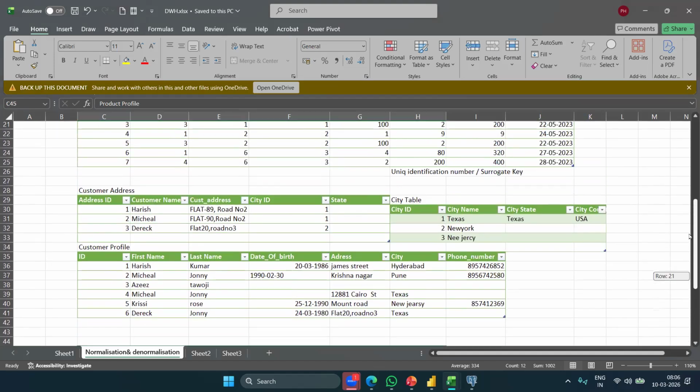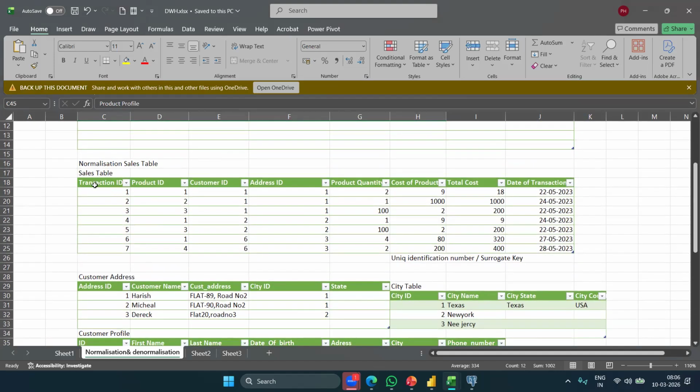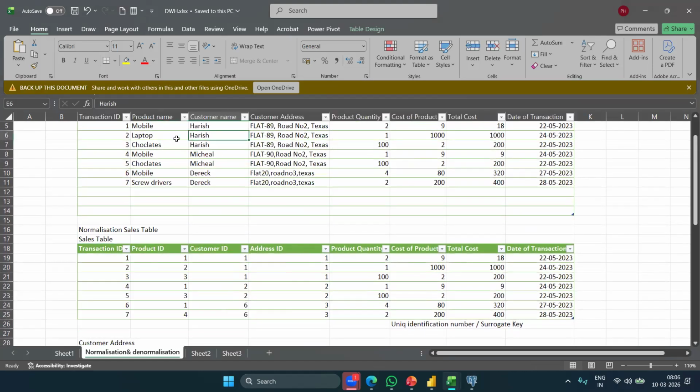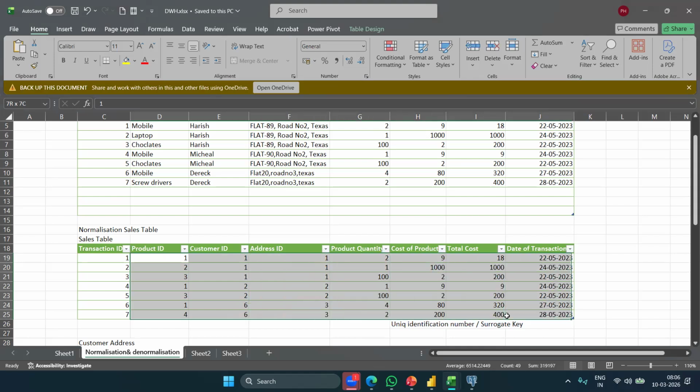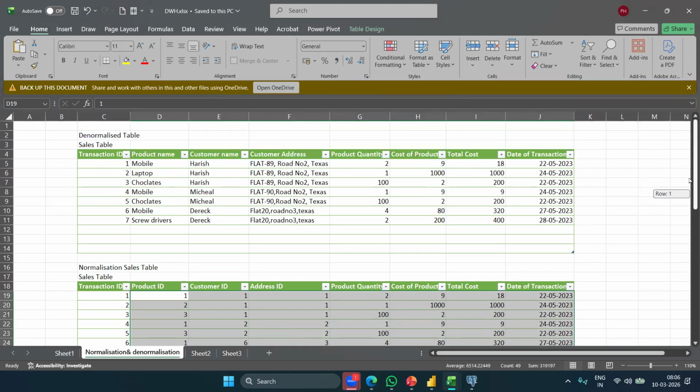Now, whenever a sales table is populated in the warehouse, instead of storing detailed information, I am going to take those reference keys and store them. The benefit in the warehouse is that I am reducing data redundancy exponentially.